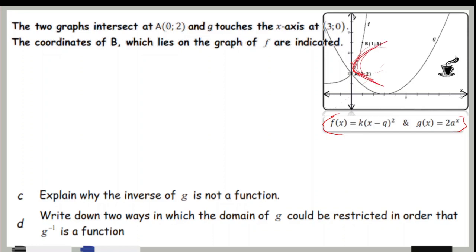What's the usefulness of that? Quite simply, if you look at the inversion, it fails the vertical line test.